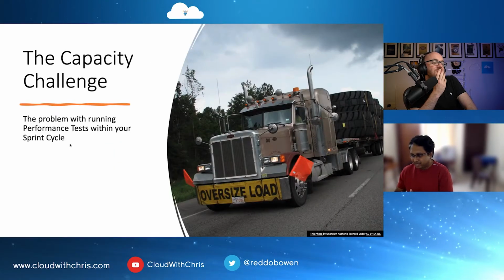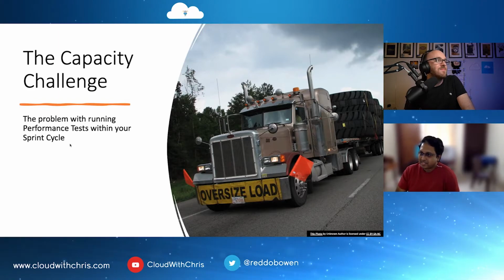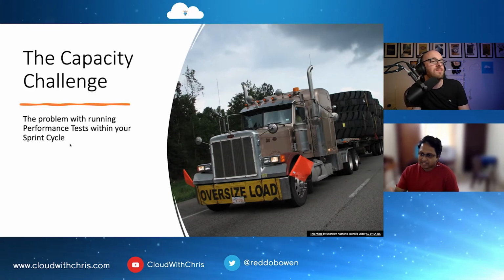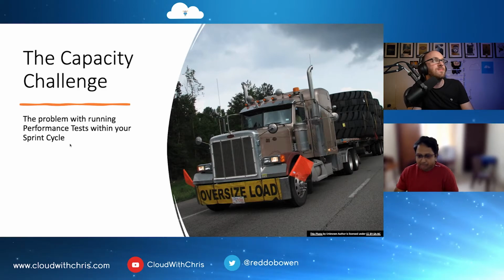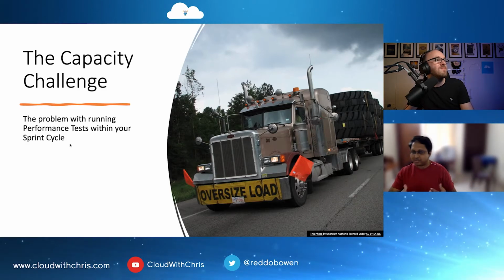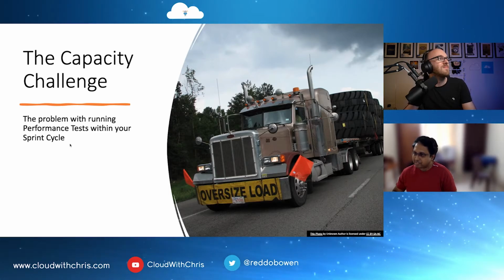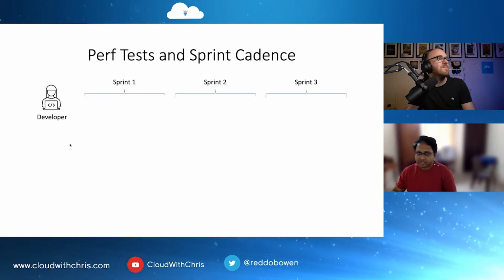All right. The next one is slightly about how we work with performance testing. This is called a capacity challenge, in terms of whether you have people to work on performance testing and how that fits into your sprints or iterations, your style of churning out pieces. Let's say you have 3 sprints and a developer is starting to work on feature number 1.